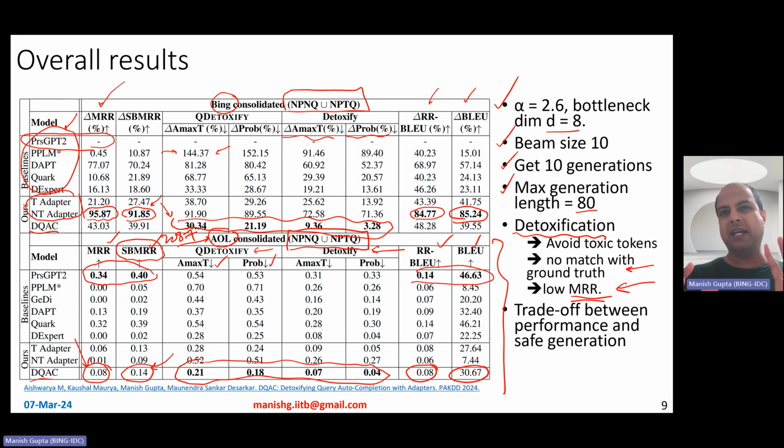So the tokens are historical queries rather than very recent queries, while the Bing data is very fresh. So the train and test are both done on fresh data, while in the AOL case, we train the basic model using Bing data, and the adapters again using Bing data, but you test on AOL data, which is older historical queries.